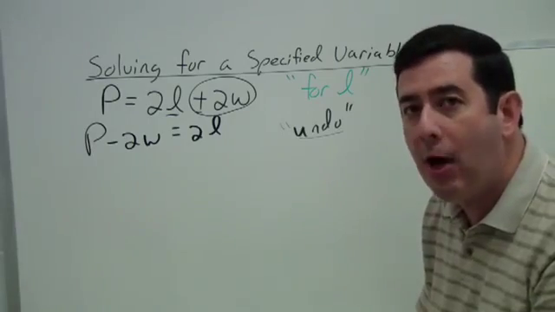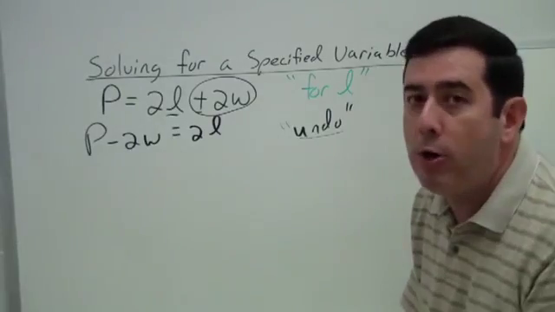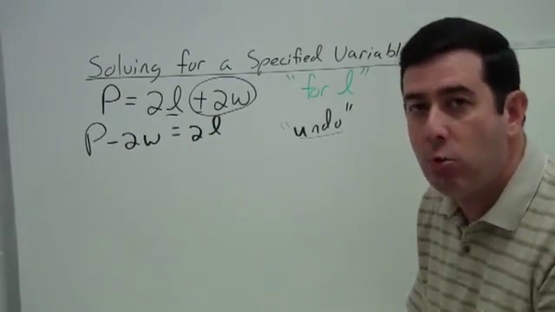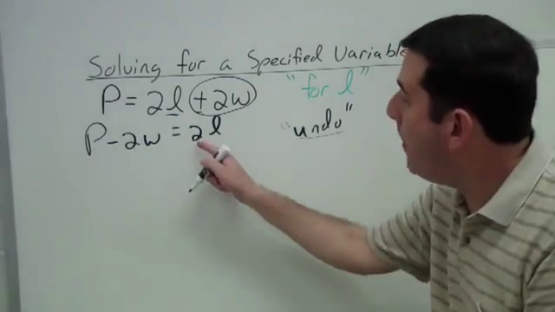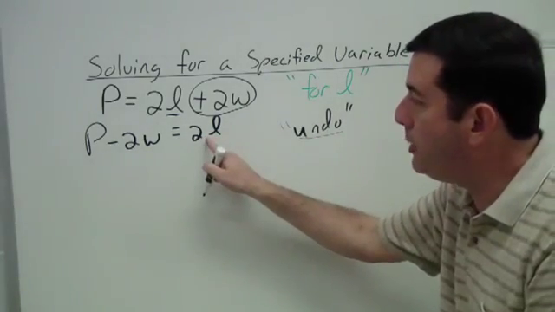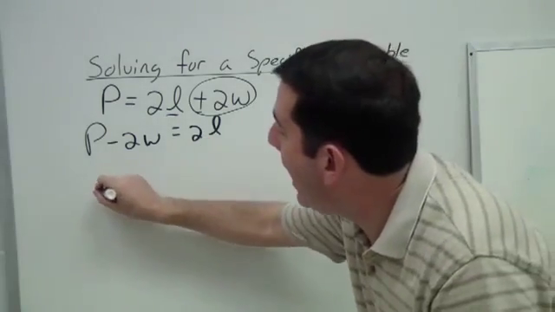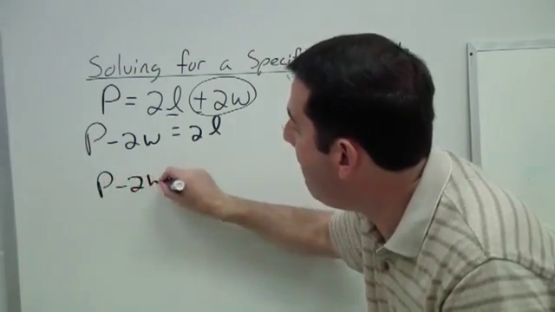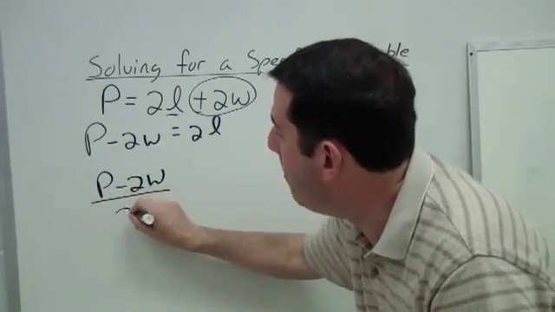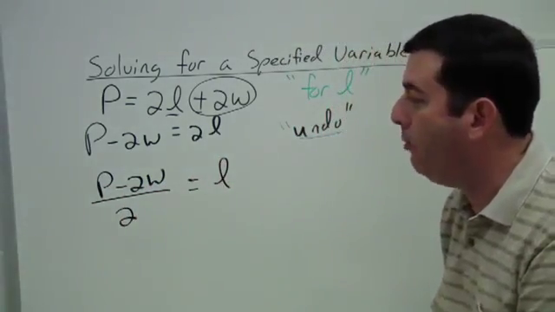I just want L. So I've still got to get rid of this 2. How are the 2 and the L combined with each other? They are multiplied together. So to undo that multiplication, I need to divide. As I divide, I'll divide everything here by 2. That gets the L to be by itself.